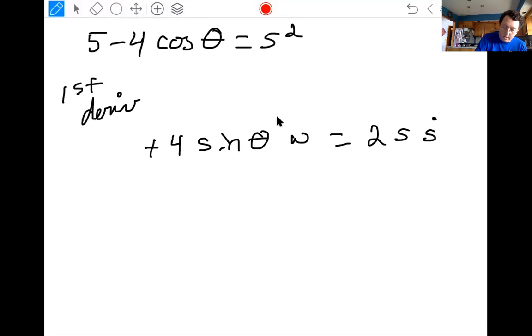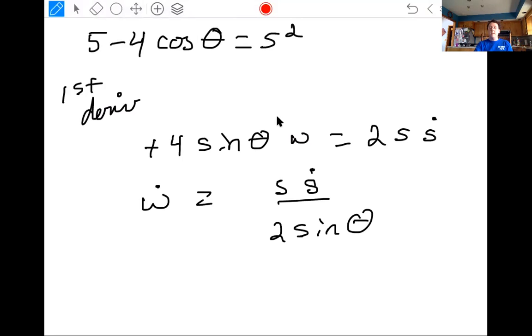And we get the following relationship that omega equals s dot over 2 sine theta. So that's the relationship between the length of the piston cylinder, the rate at which it expands, and the angle and the angular velocity that it swings open. Okay, so hopefully that was an illustrative example.